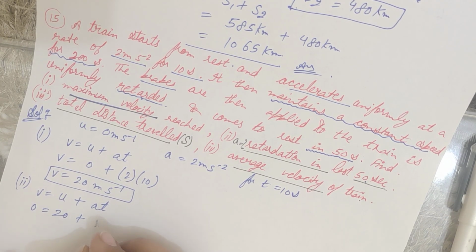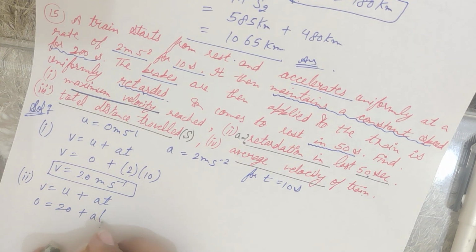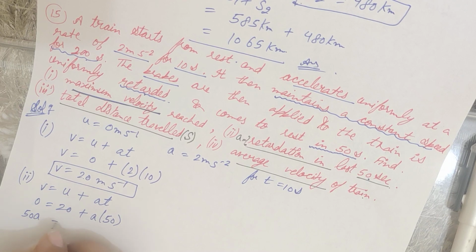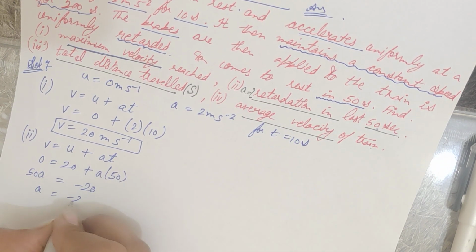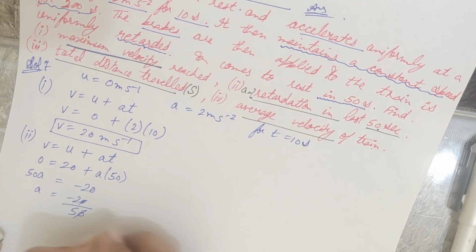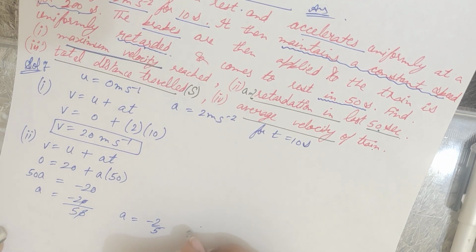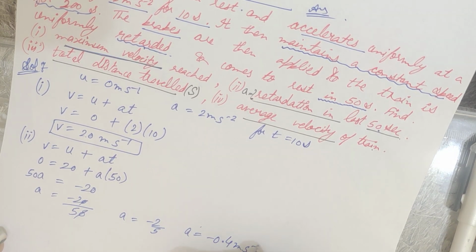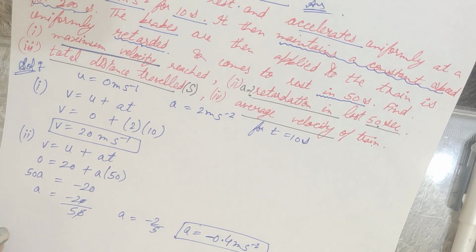We need to find the acceleration, and the time is 50 seconds. So A into 50 is equal to minus 20. Then A is equal to minus 20 by 50, which is minus 2 by 5, equal to minus 0.4 meter per second square. This is the retardation, that's why the negative sign.